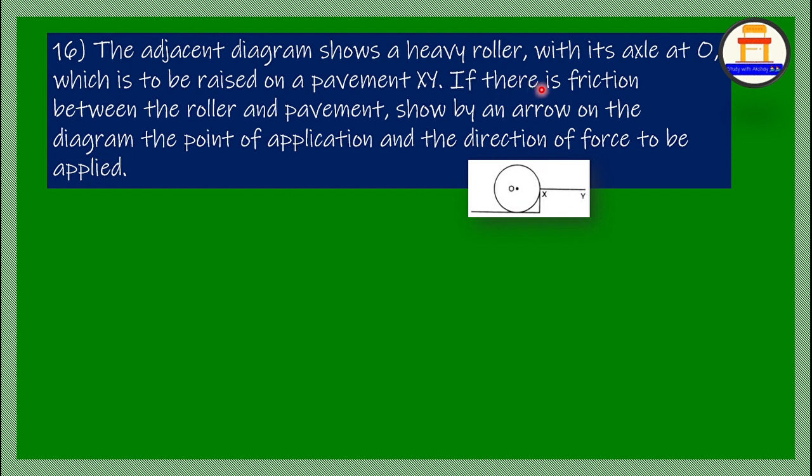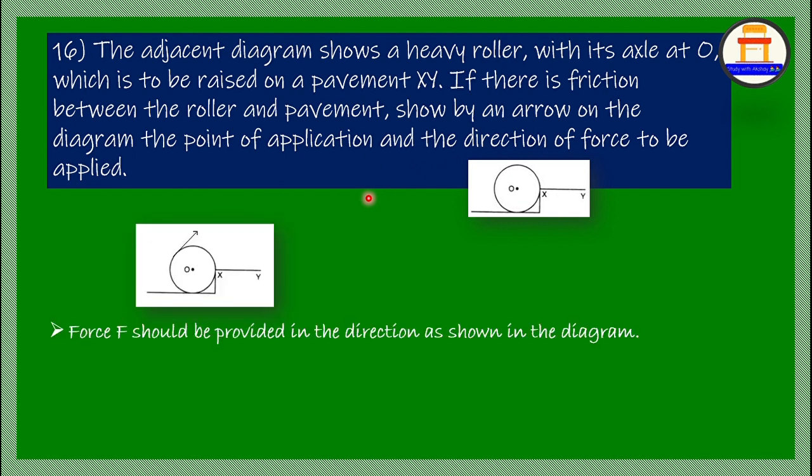If there is friction between the roller and the pavement, show by an arrow on the diagram the point of application and the direction of force to be applied. So basically we are supposed to show the force applied, its point of application and its direction. So F should be the force as shown in the diagram. F is the force which should be applied.